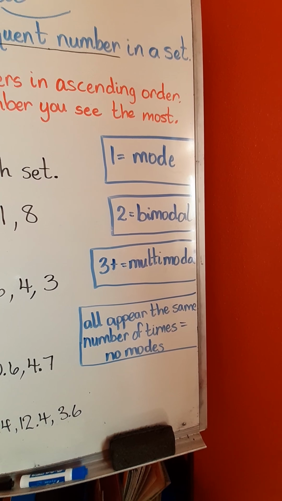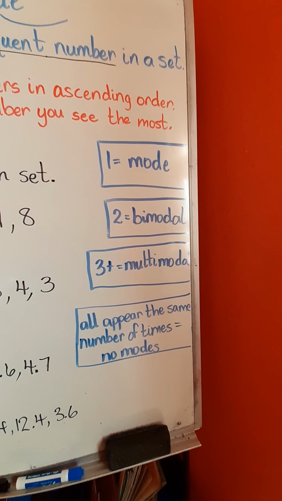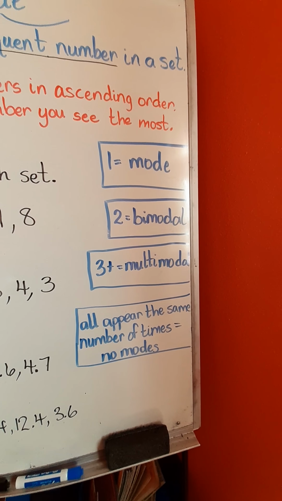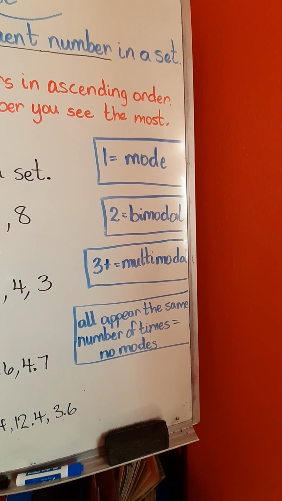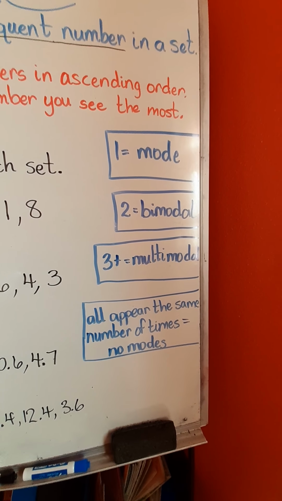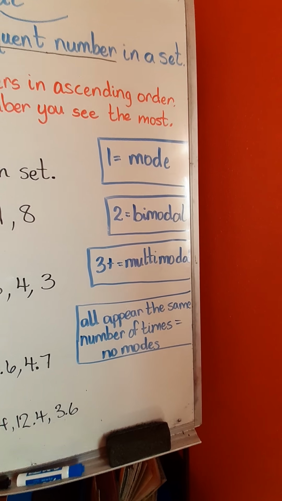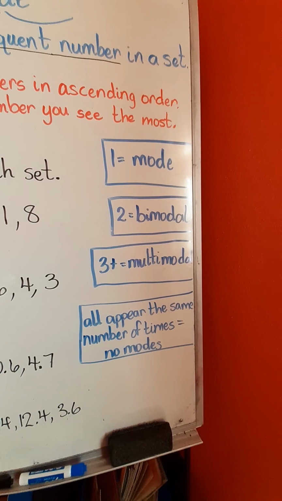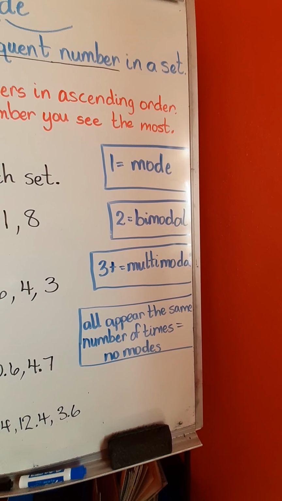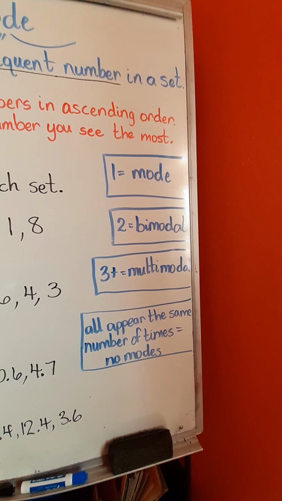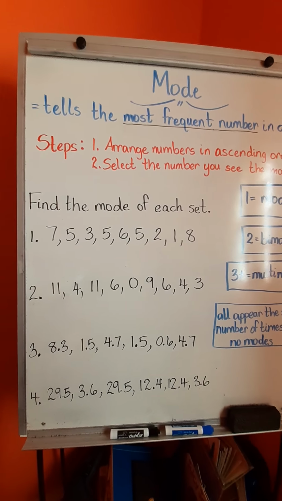If you have three or more numbers that you see the same amount of times, while you have others that you see singularly, it's called multimodal. But if you have all of the numbers seen the same amount of times, that means you have no modes. I've decided to put one of each example on the board just in case you may have some of them in your test work, classwork, homework, or exam. So let's get to it.